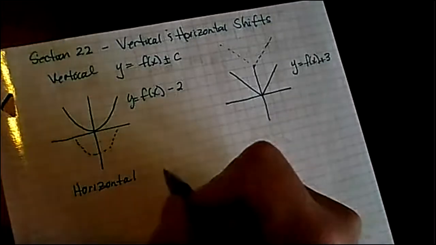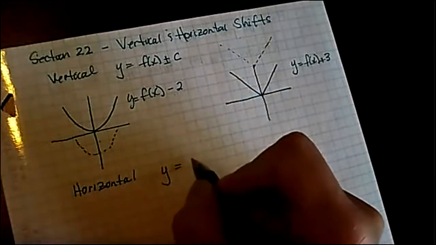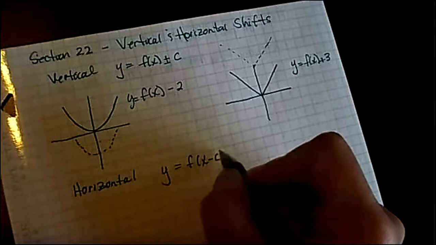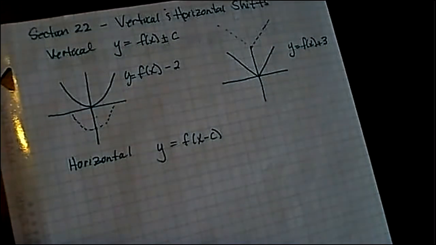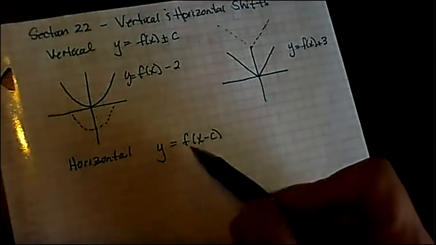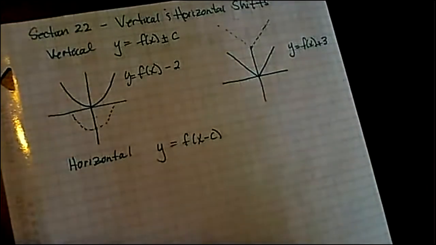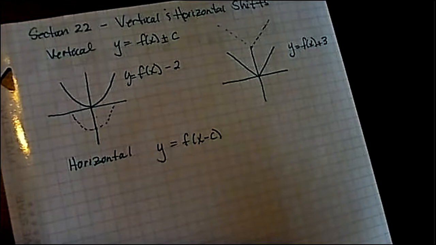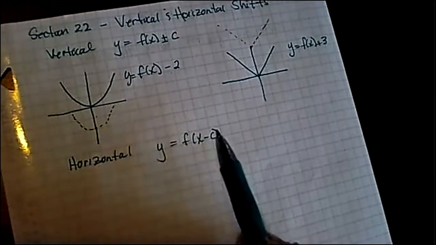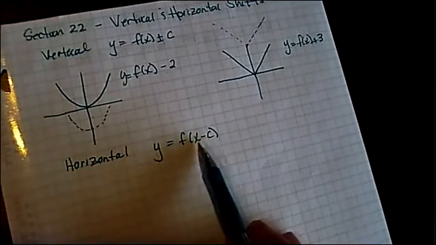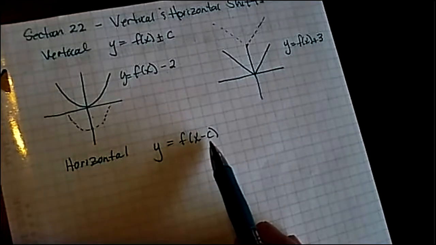Okay, so a horizontal shift, here is the equation for a horizontal shift. So whatever the function is, whether it be an absolute value, quadratic, cubic, whatever that is, all right? We're going to shift this. Now, this is what confuses students. This is the original formula for it, okay?